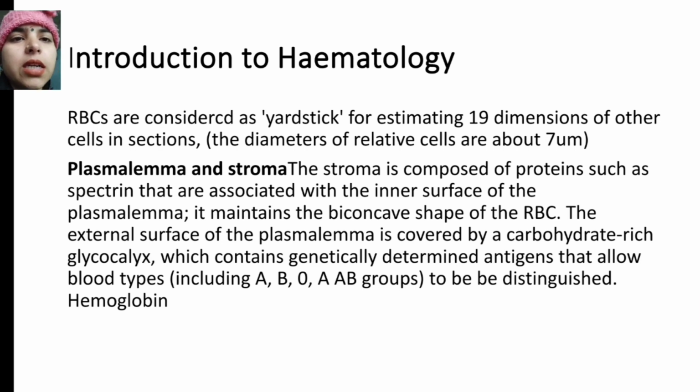The external surface of the plasmalemma is covered by carbohydrate-rich glycocalyx, which contains genetically determined antigens that allow blood types, including A, B, O, AB groups, to be distinguished.